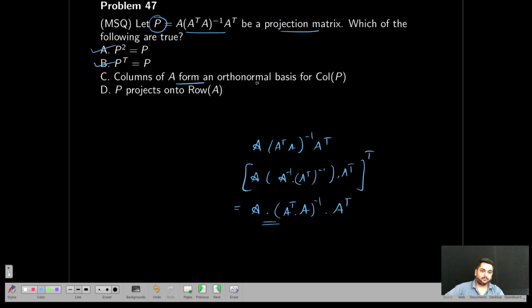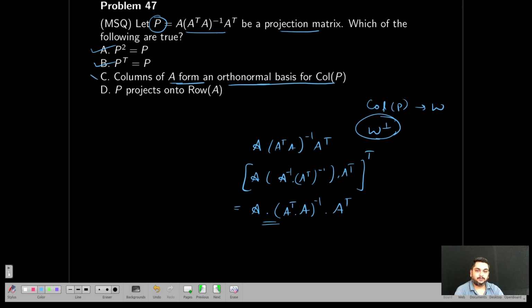Columns of A form the orthogonal basis of the column space of P. What does it mean? They are saying this column space is for W, and they don't form an orthonormal basis for the complement.